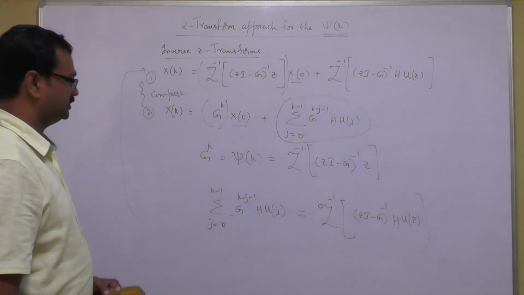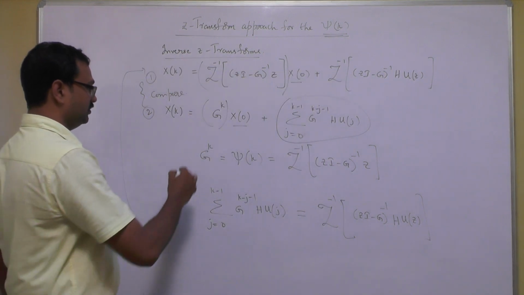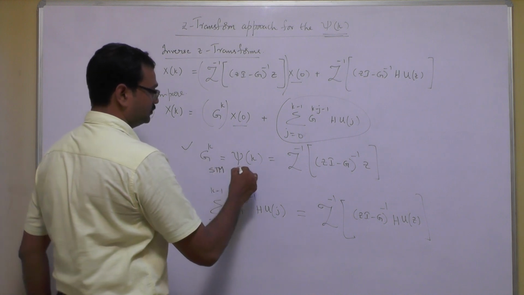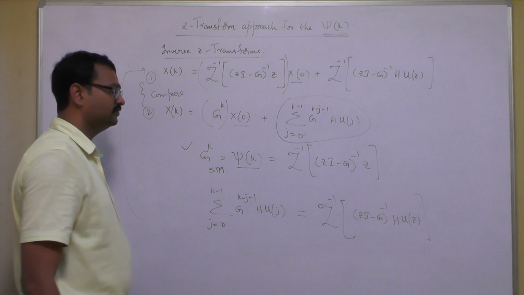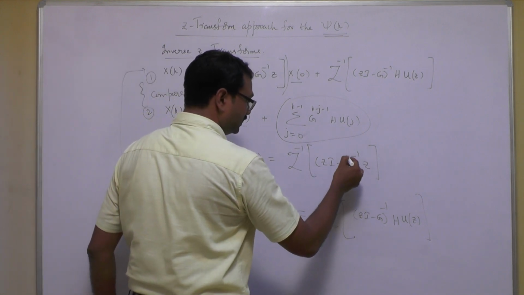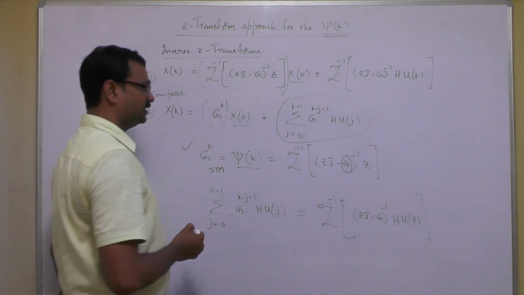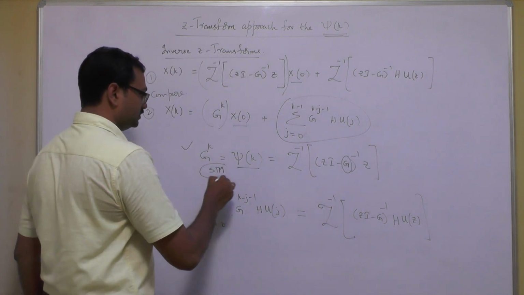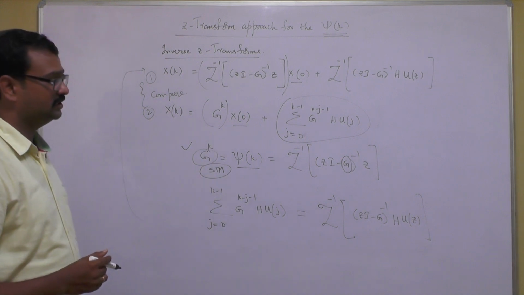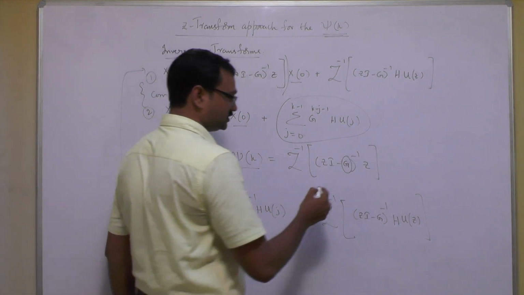Right. So with this equation you can say that G power k, which is the state transition matrix psi of k, is the inverse Z transform of (zI minus G) whole inverse into z. That is, the state transition matrix depends only on the elements of the G matrix, or the system matrix.